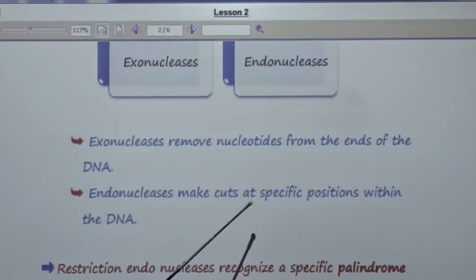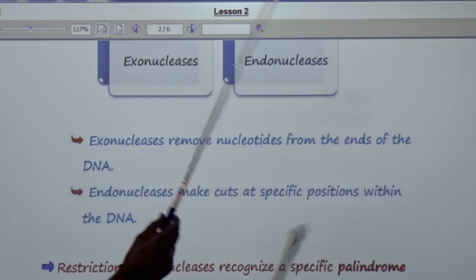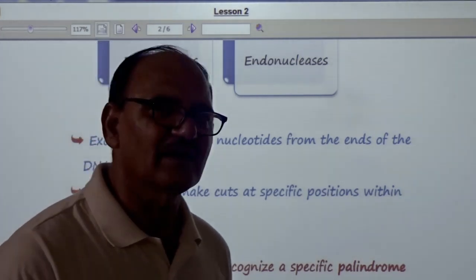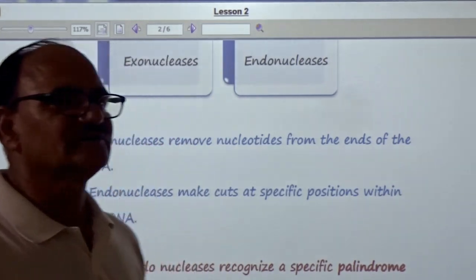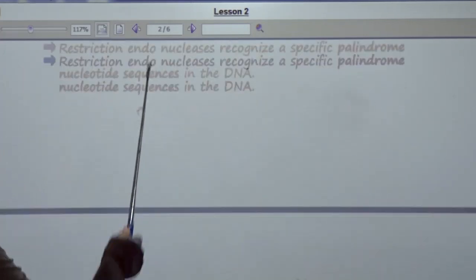Endonucleases may cut at any position within the DNA, which is also not useful. However, restriction endonucleases recognize specific palindromic sequences in the DNA, and that is a very important tool of genetic engineering, or recombinant DNA technology.